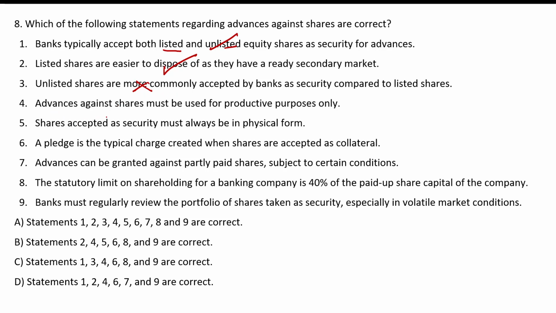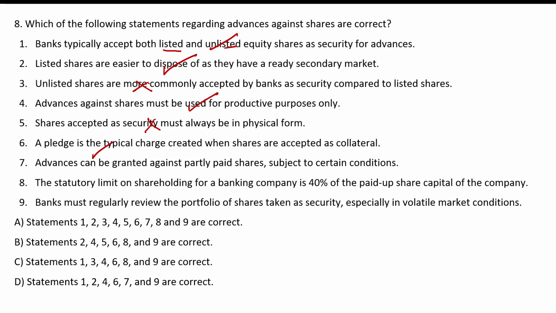Advances against shares must be used for productive purpose only. This is correct. This is true in every case. Shares accepted as security must always be in physical form. No, they can be in demat form, and demat form is preferred. They must always be in physical form is not correct. A pledge is a typical charge created.